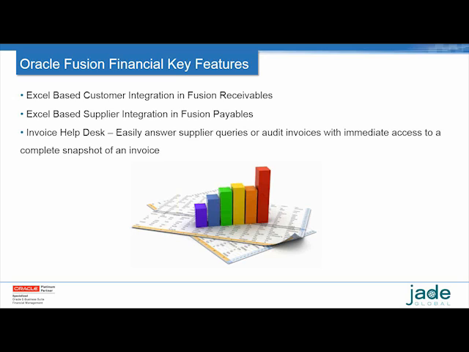This customer integration and supplier integration helps whenever you upgrade from your R12 to Fusion, as all your customers need to be created in Fusion. So this Excel-based customer integration helps you not to develop any custom solution, not to bring any IT team or IT person into your project and spend a lot of time, and it brings down your IT cost.